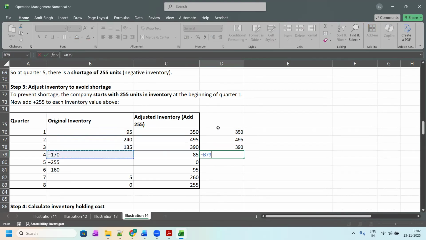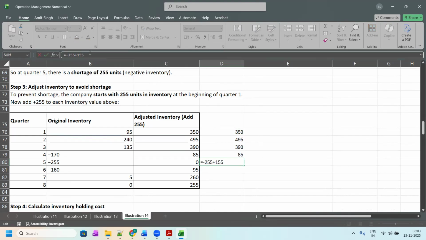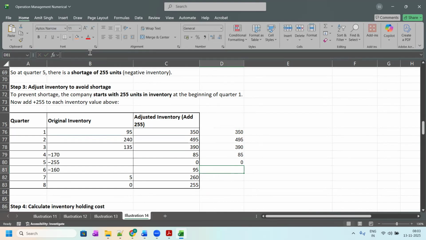And minus 170 plus 255, then minus 255 plus 255. So during quarter 5 there was a negative inventory of 255 units, so that is added in the beginning only. Is this clear?